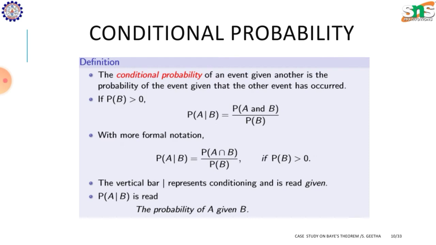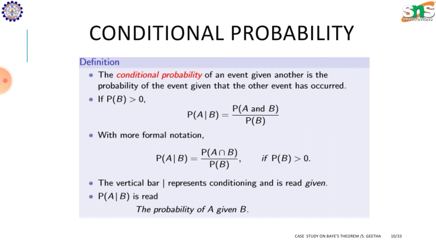Then only A can occur. For example, if you want to join any degree course, you should pass in +2 level. So here B is nothing but passing in +2. Then only you can join the degree course.